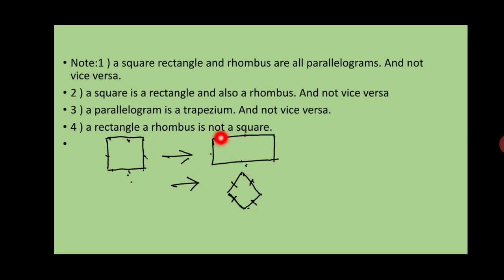Only the opposite sides are equal in a rectangle. Therefore, a rectangle is not a square. Similarly, a rhombus is not a square. Why? Because even though all the sides are equal, here only the opposite angles are equal, and in a square all angles are equal. Therefore, a rhombus is not a square.